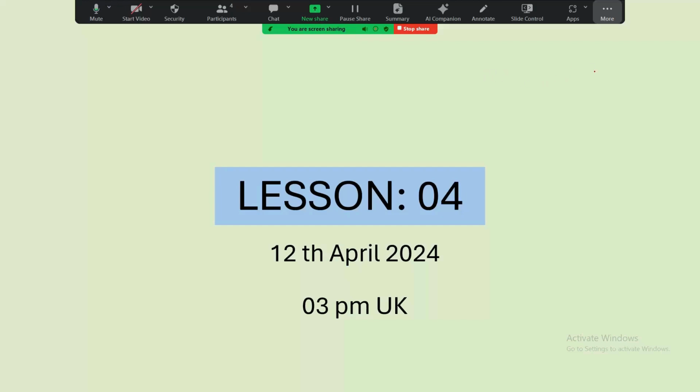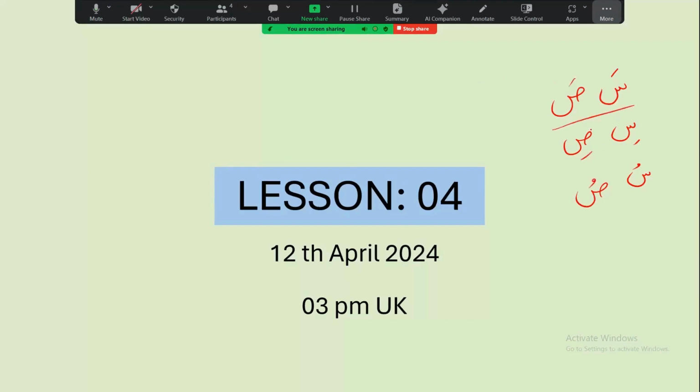For example, we have the letter seen and sad. They both make the sound sa, si, su, and then we have so, si, su. So they have a difference as well. And then we have the letter ta and ta as well. We say ta, ti, tu, or we say ta, ti, tu, right?